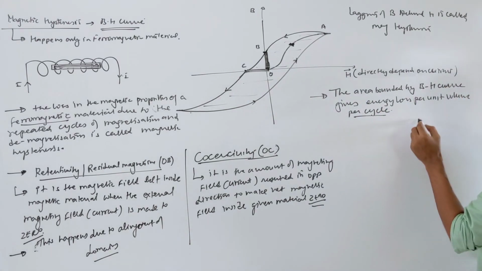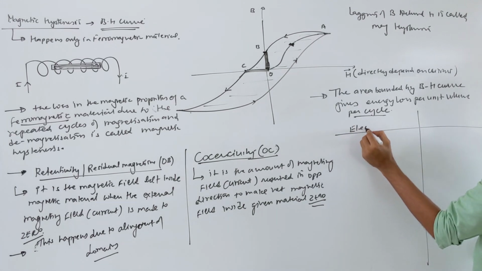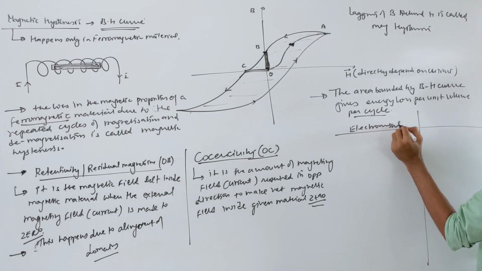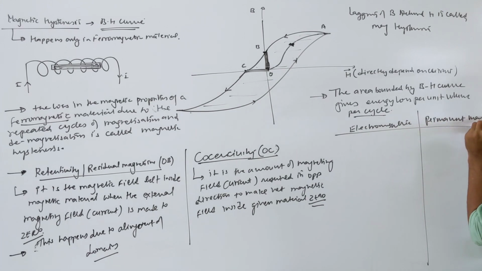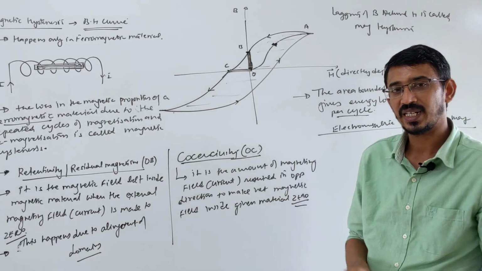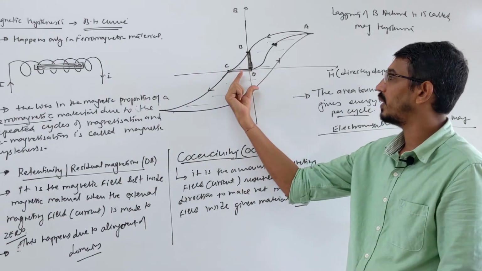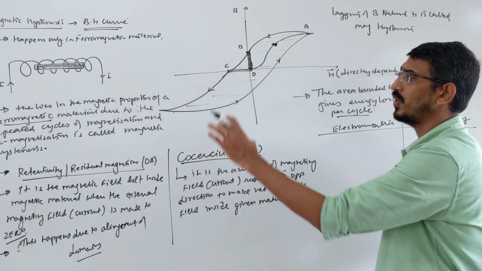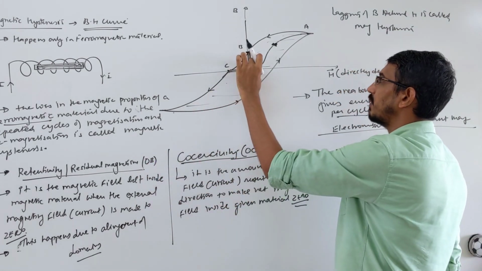Suppose we have two types of material, one is called an electromagnet and one is called a permanent magnet. If you want to make an electromagnet, which you have to frequently magnetize and demagnetize, you want to minimize your loss, so this area should be very small. That means your coercivity and retentivity should be very small.